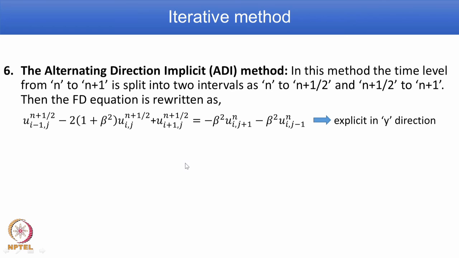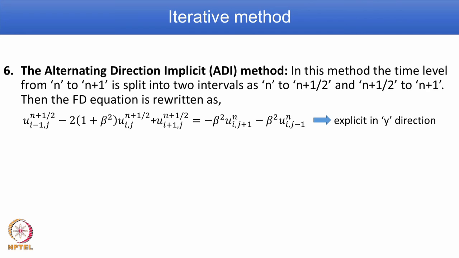There is another procedure known as the alternating direction implicit, ADI, method. In this method, we go from the nth level to the n plus 1 level in 2 steps, that is n to n plus half and then n plus half to n plus 1.